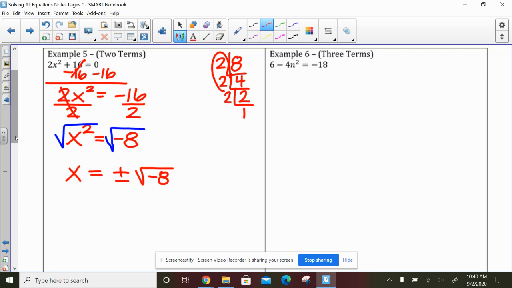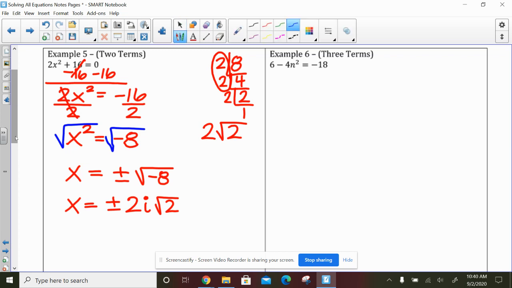So here I have a pair of 2's, so this will become 2 square root 2. But because of the negative sign, I've got to have an i. So I'm going to have positive or negative 2i square root 2.